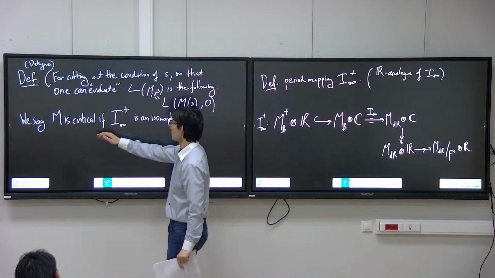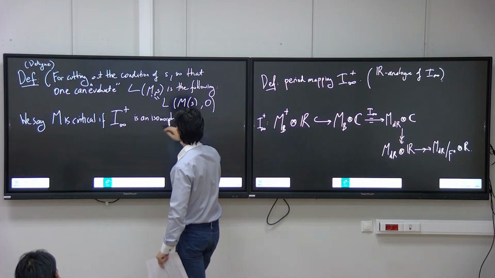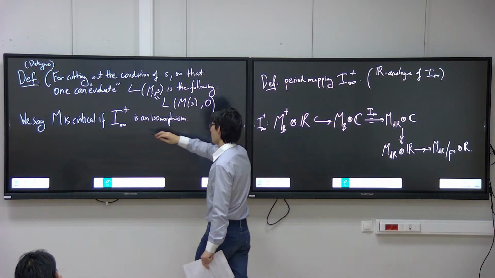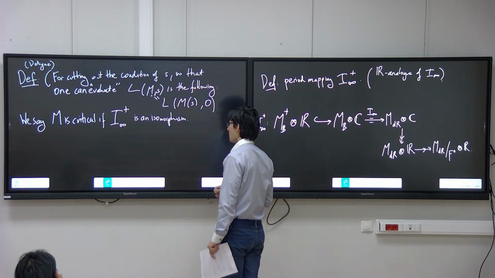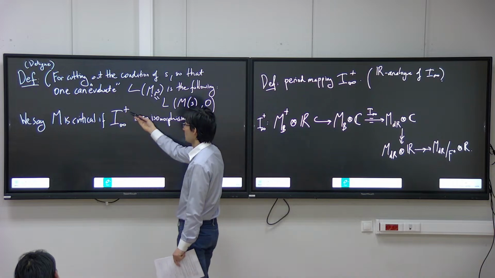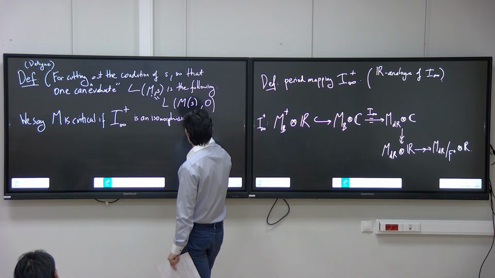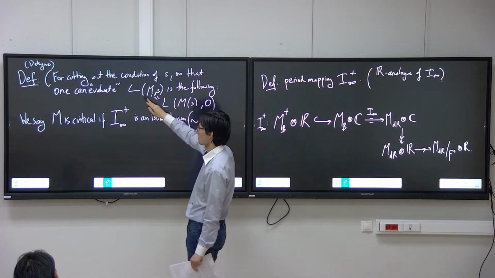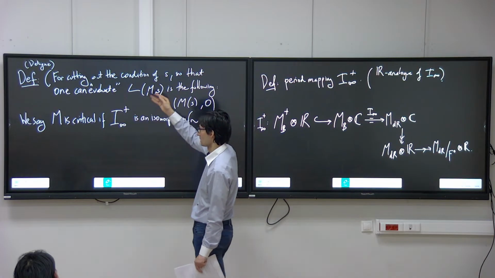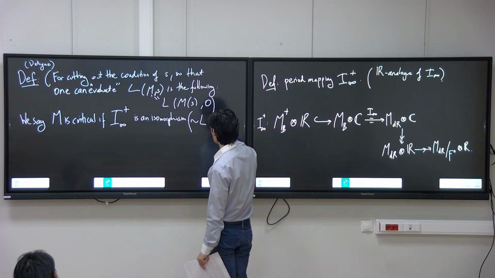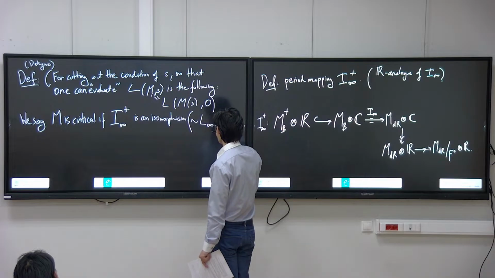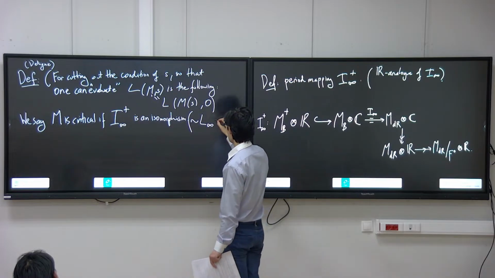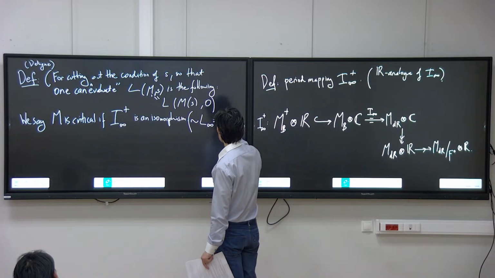And then we say M is critical, centered around what happens at 0, if I infinity plus is an isomorphism. The intuition for this is that I infinity plus being an isomorphism is connected to the fact that I defined the L function at the finite places as a product of L_p, but there is also an infinity term, which I didn't describe, which is a product of gamma functions.